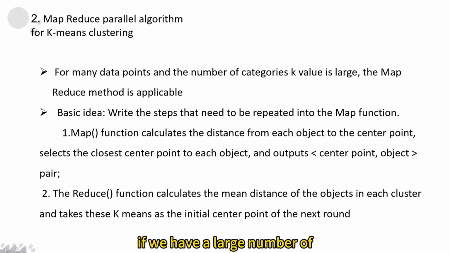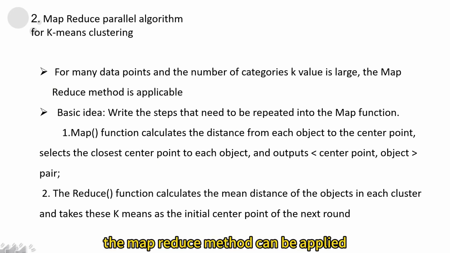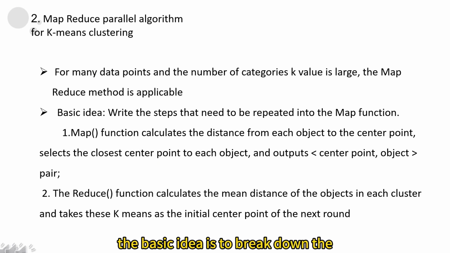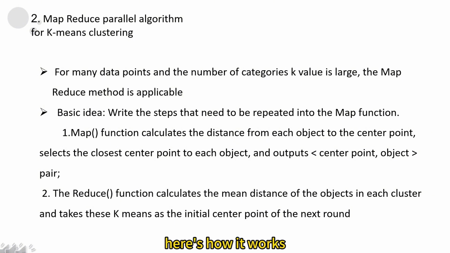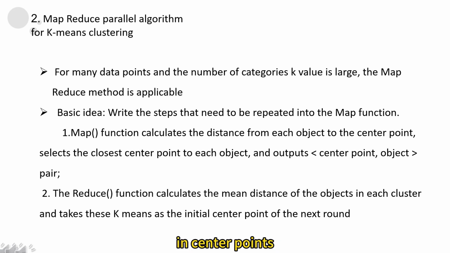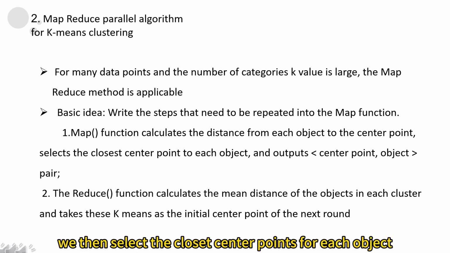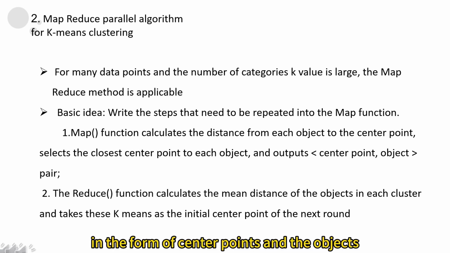If we have a large number of data points and large values of k, the MapReduce method can be applied. The basic idea is to break down the repetitive steps into map and reduce functions. Here's how it works. First, in the map function, we calculate the distance from each object to the center points. We then select the closest center point for each object and output pairs in the form of center point and object.